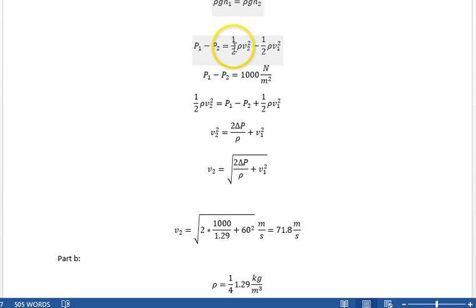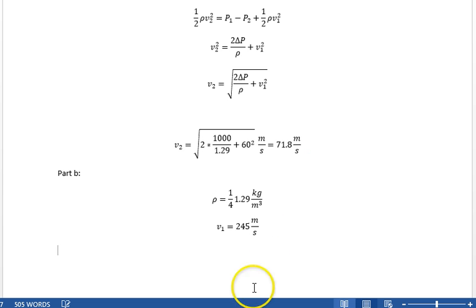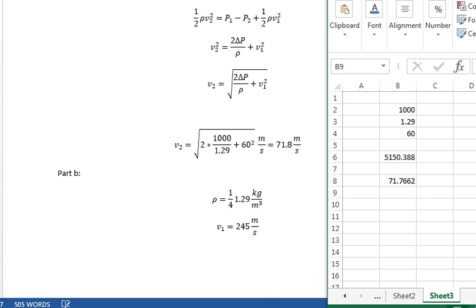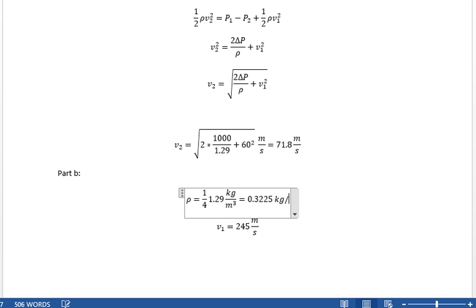We're still talking about P1 minus P2 is 1,000, right? So all the algebra is exactly the same. We're going to end up with exactly the same equations. Let's figure out 1.29 divided by 4 is 0.3225 kilograms per cubic meter, right?